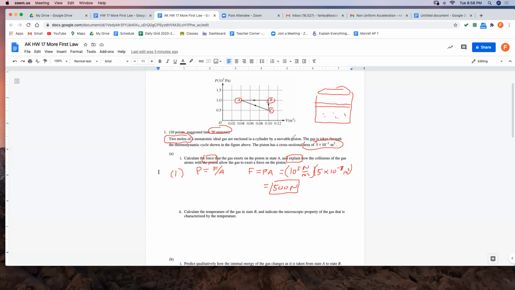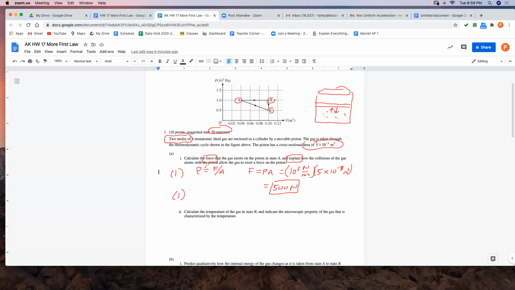So basically you just want to say something like, as these molecules bounce off of the piston, they're going to exert a force on it. Or you could say that their momentum is going to change. And we know that force is the rate of change of momentum. Or, they're going to accelerate because they're going to change direction. So that causes a force. So something like that, and that'll give you another point for that.